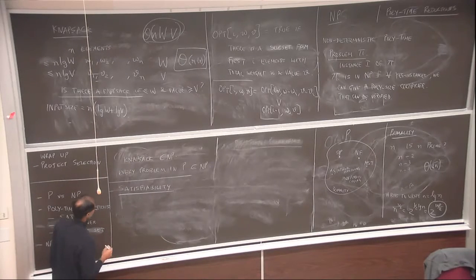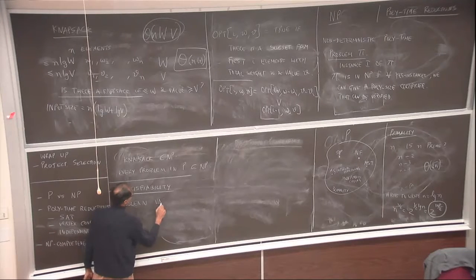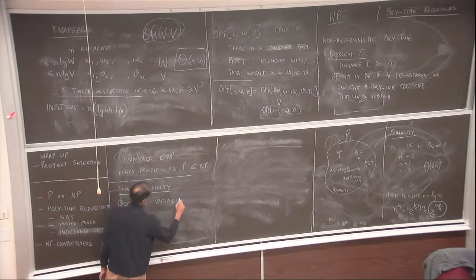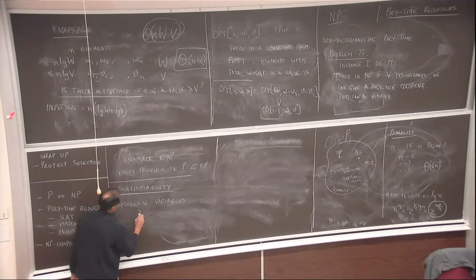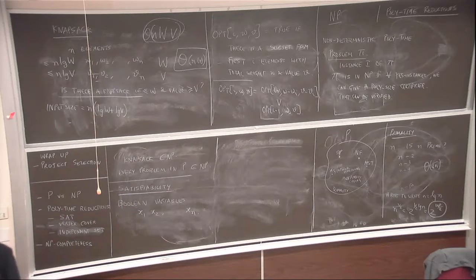What I give you is the following. You have Boolean variables x1, x2, ..., xn. So you have n Boolean variables. You construct a formula out of these n Boolean variables and you ask, is there a setting of these Boolean variables that makes this formula be true?